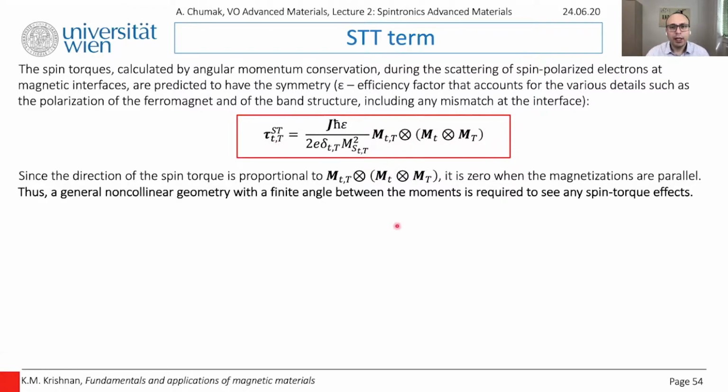So that's it, and what you immediately can get is that in general the non-collinear geometry with a finite angle between the moments is required to see any spin torque effects. So it means that if you have anti-parallel magnetization like this, strictly speaking, you shouldn't get any spin transfer torque according to this formula.